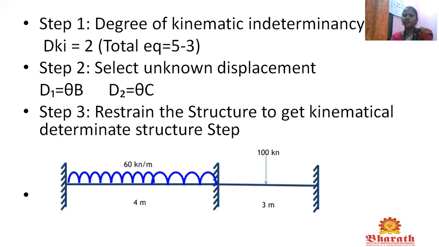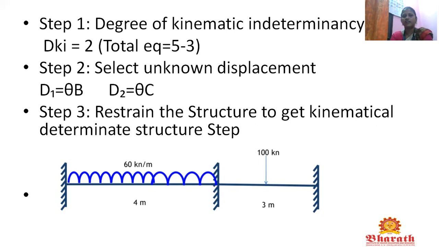The number of equilibrium equations available is 3, that is summation of horizontal force, vertical force and moment. So 5 minus 3, we got the degree of static indeterminacy as 2.